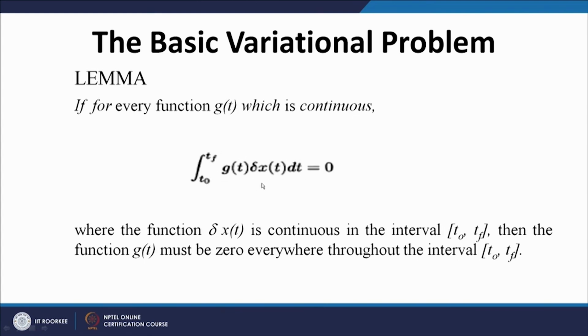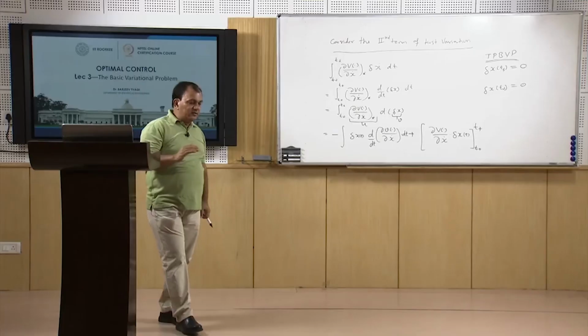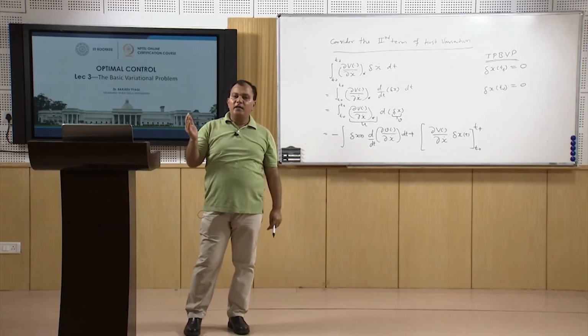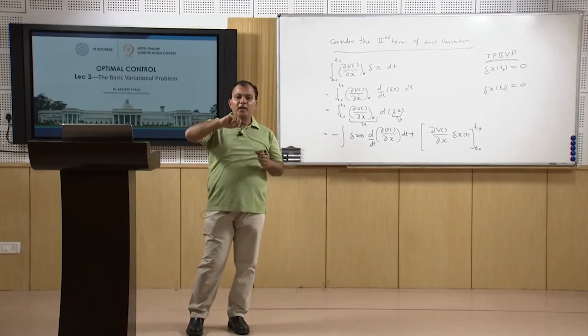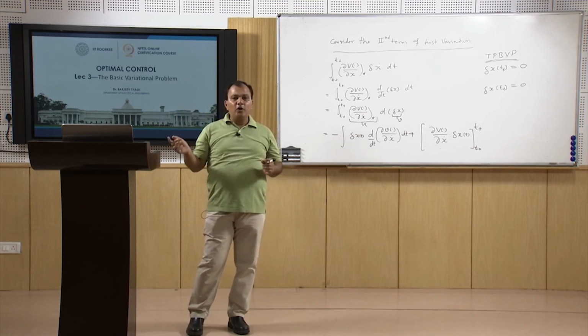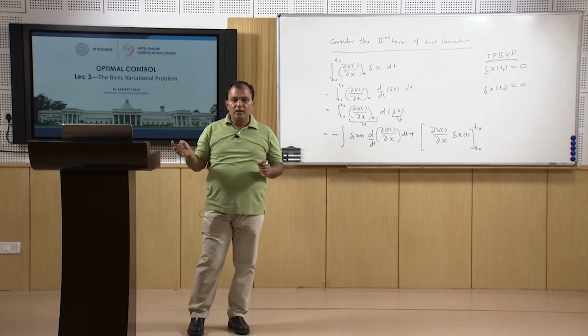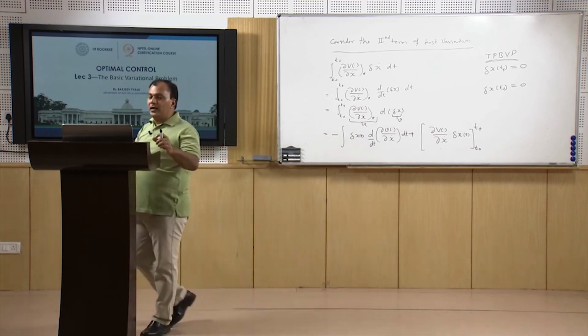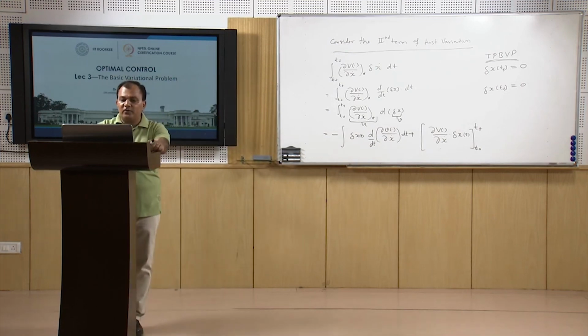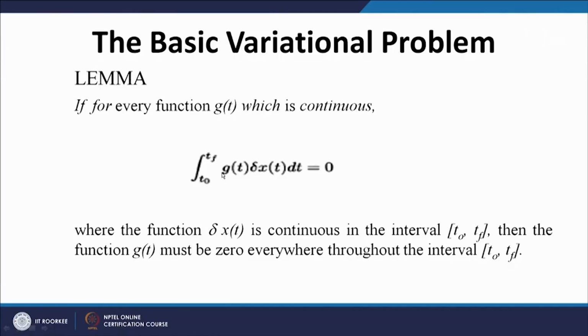Now, in this case my delta x t is the variation which is arbitrary, which normally cannot be 0. So, if delta x t cannot be 0, this means my g t value should be 0. This is called my fundamental lemma.